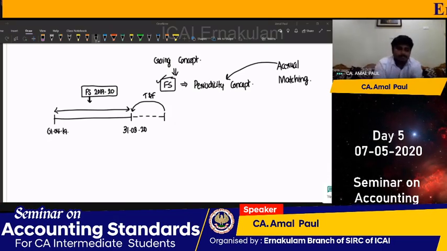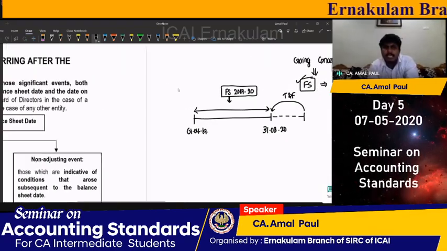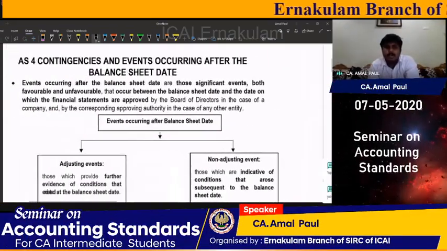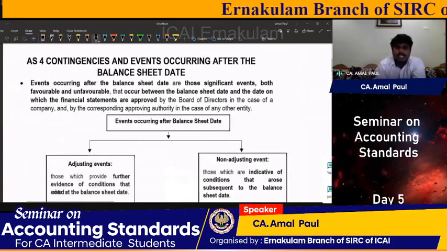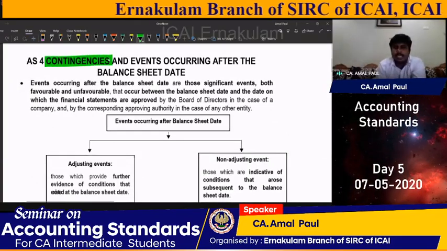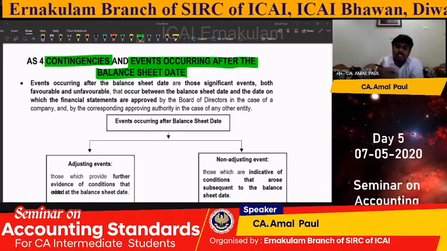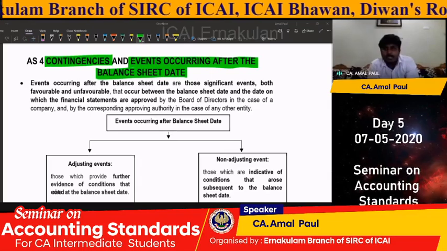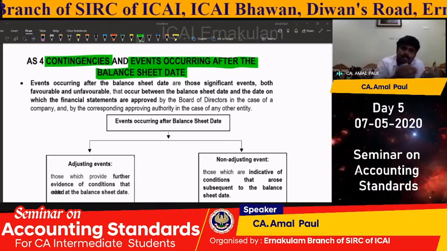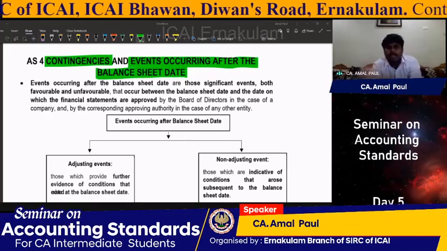So we'll see what an event occurring after the balance sheet date is. The standard's name is Contingencies and Events Occurring After the Balance Sheet Date. Initially, when the standard was introduced, it dealt with how we should treat contingent loss, contingent profit and contingent assets.